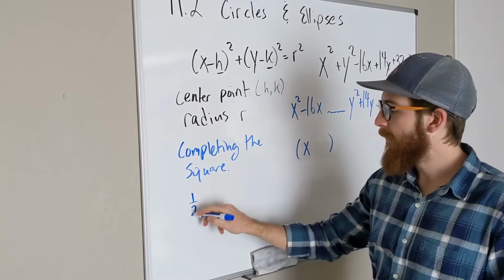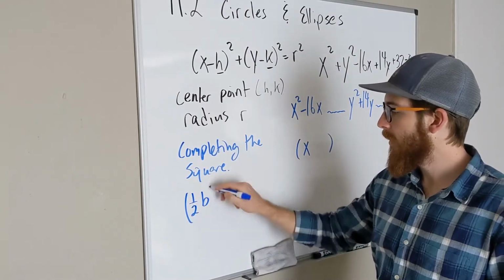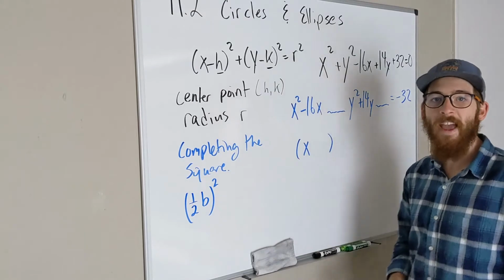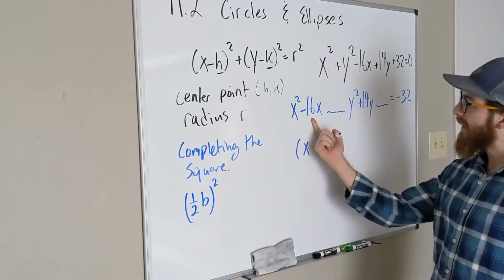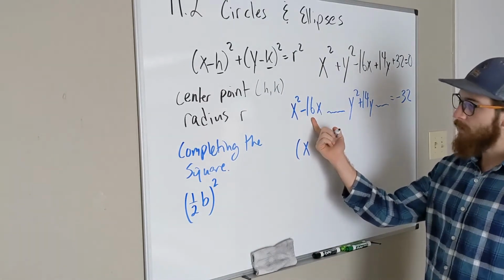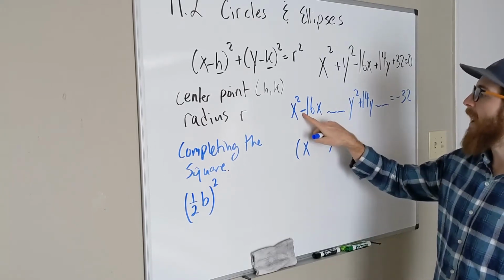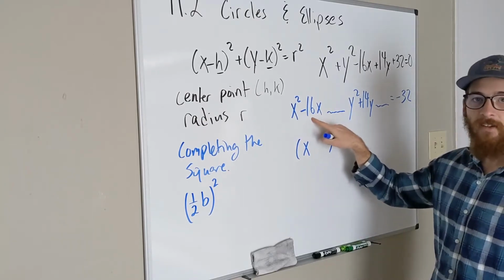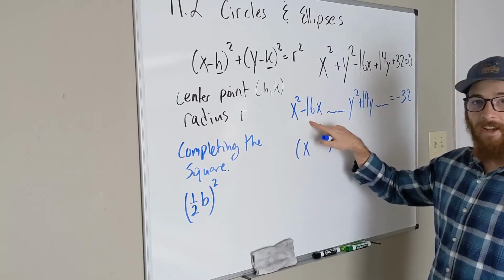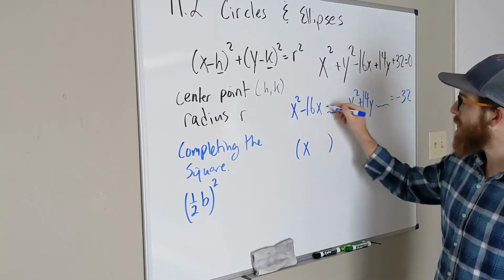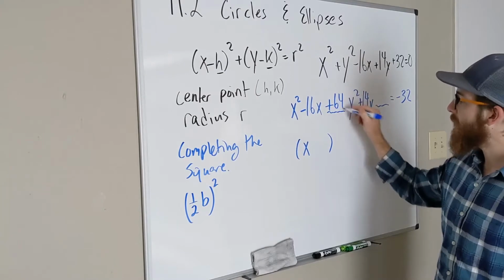It's 1/2 b squared. That is the value that goes here. So what is 1/2 of negative 16? That'd be negative 8. Negative 8 squared is 64. So I'm going to add 64.